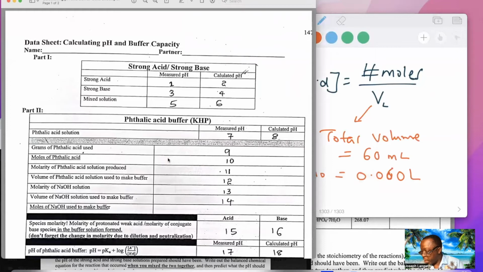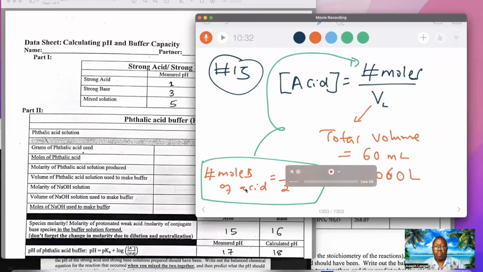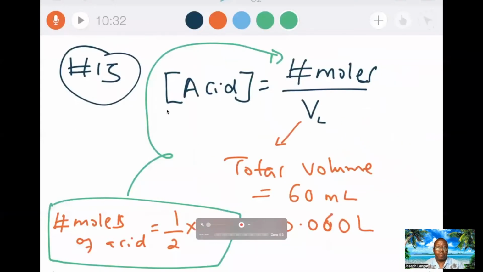This is how you find this value. If you look at number 15, the concentration of the acid, that means in the solution now, you have mixed weak acid with strong base.